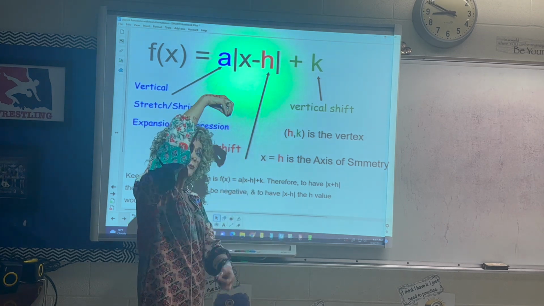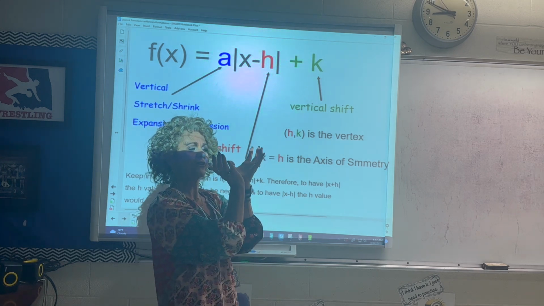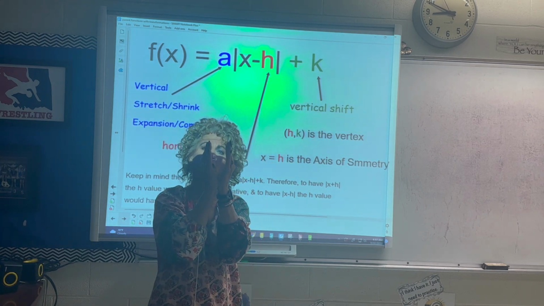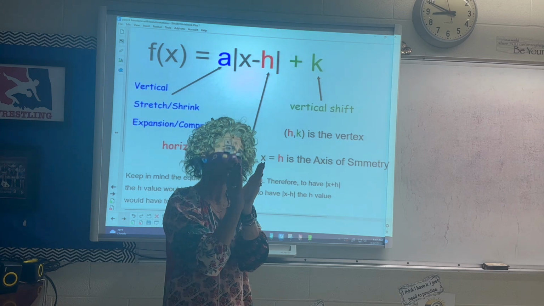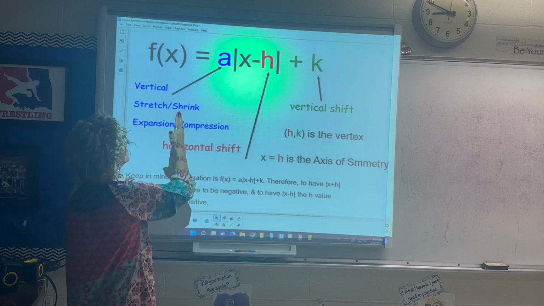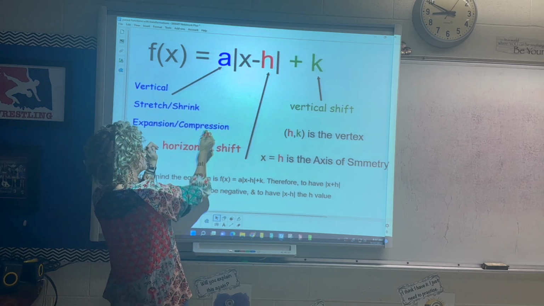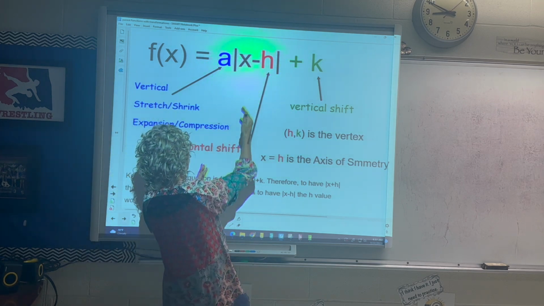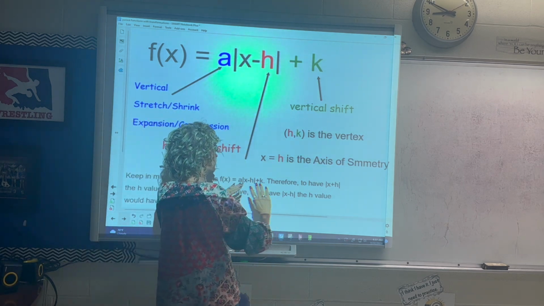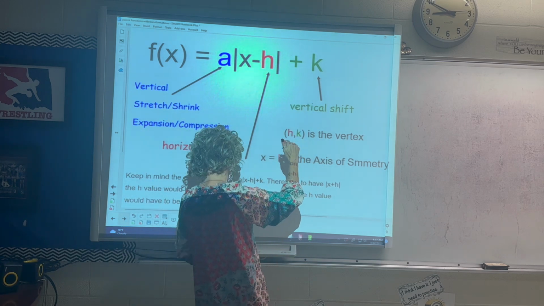So we're talking about a compression, and a compression may make it appear that the graph itself gets slimmer or smaller, but we're not talking about the graph appearance. We're talking about the function output, okay? So A determines my vertical stretch or shrink. We're using expansion and compression. My H represents my horizontal shift, shift left or shift right. My K represents my vertical shift.